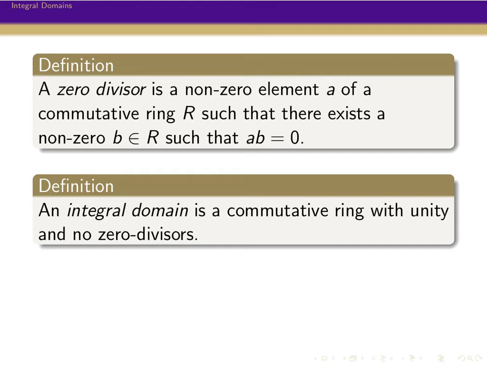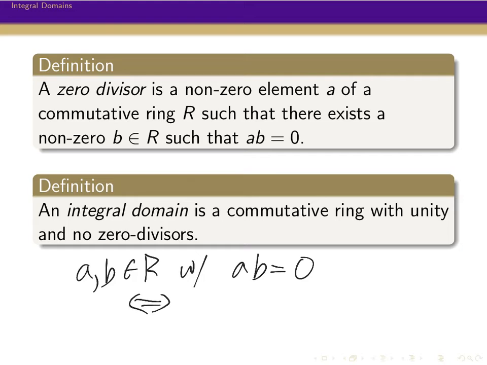The important idea is that if R is an integral domain and a and b are in R with a times b equal to 0, then this can only happen if a is equal to 0 or b is equal to 0.